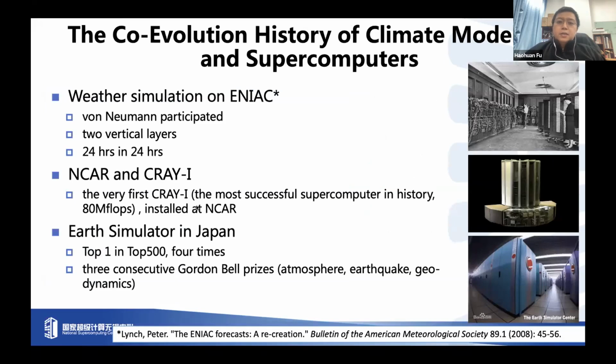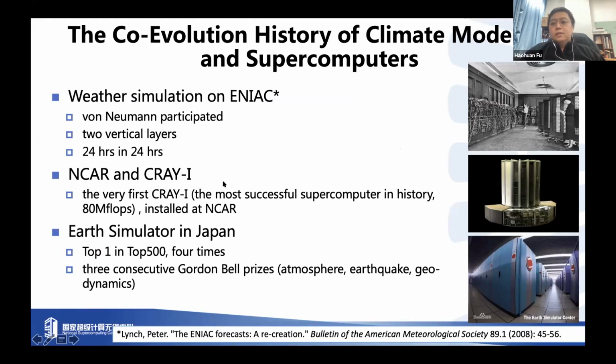So actually, I think climate is one of the most traditional application domains for HPC supercomputers. If you look at the history, with the very first computer, ENIAC, we already had efforts on numerical weather simulation.